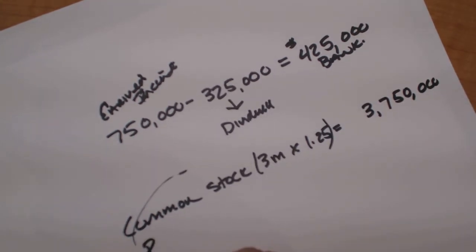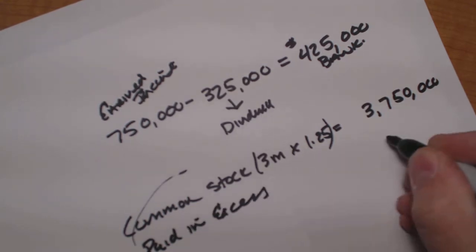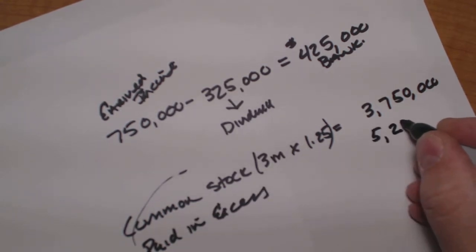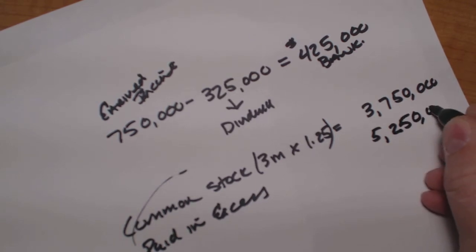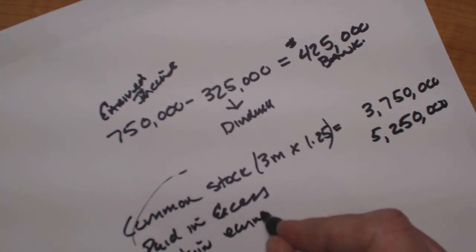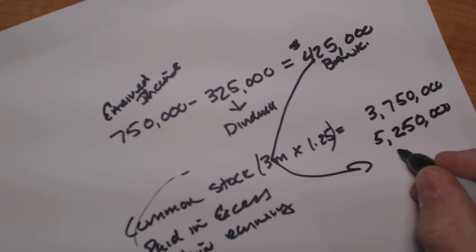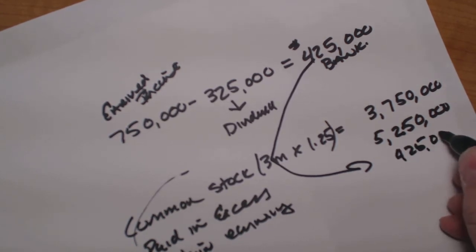Then paid in excess, which we already know was 5,250,000. And then we keep the retained earnings, which was this number right here, 425,000.